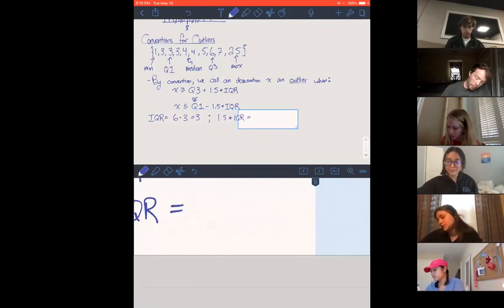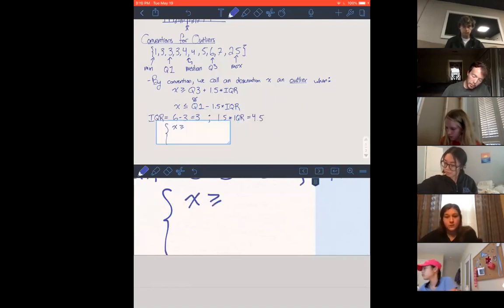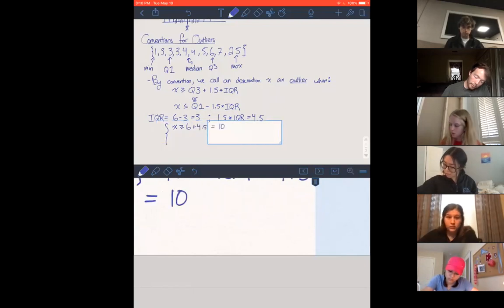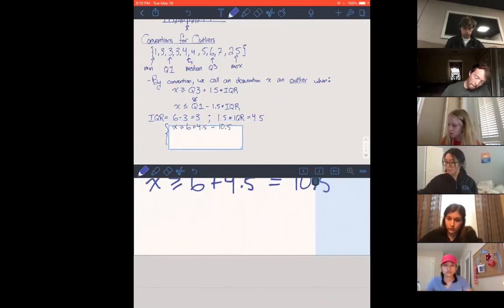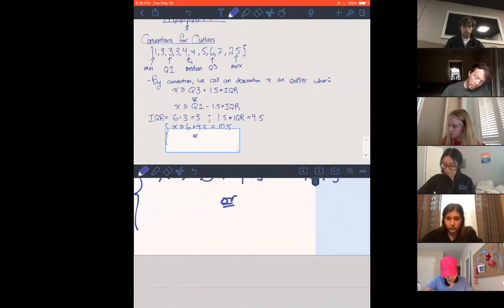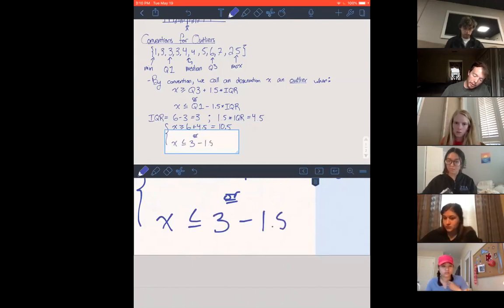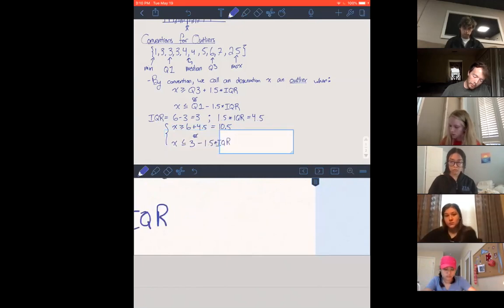So we would classify X as an outlier when it's greater than or equal to the third quartile, or 6, plus 1.5 times the IQR, which is 4.5, which equals 10.5. Or when X is less than or equal to the first quartile, which is 3, minus 1.5 times the IQR, which is 4.5, and this leaves us with negative 1.5.